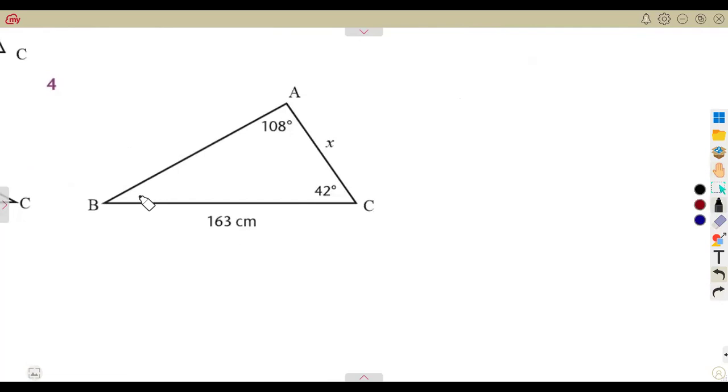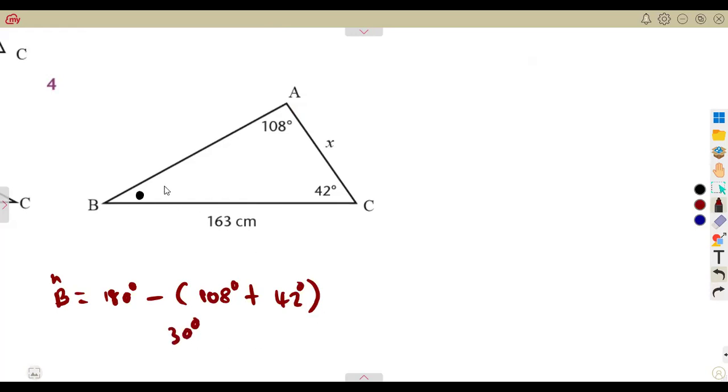From these two angles, you are going to calculate angle B, which is direct because we've got two angles in a triangle. So the angle at B is simply going to be 180 minus the sum of these two angles, 108 plus 42 degrees. All right, so 180 minus 108 minus 42 is going to be 30 degrees.